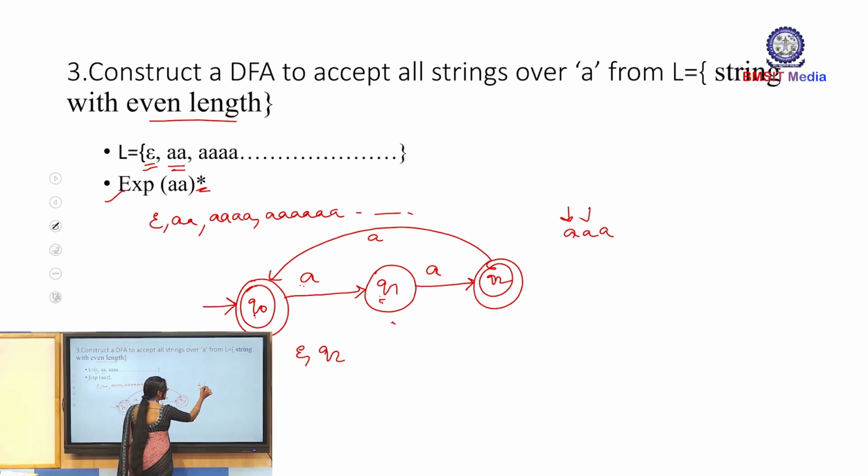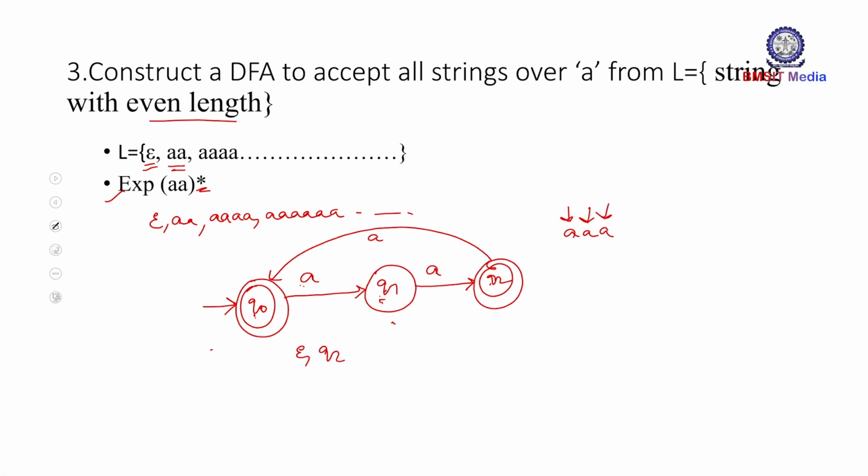On reading the next input symbol A, you reach Q2. On reading the third input symbol A, you reach Q0, which is again a final state, which means that this automata design that we have constructed here is also valid for odd occurrences of A's.